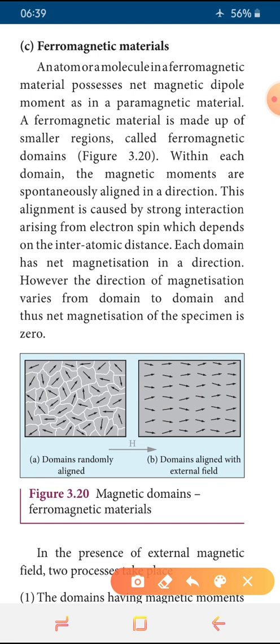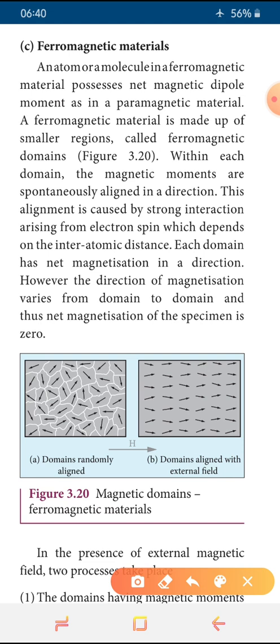This property is based on atom or molecular arrangement, which we discussed in the last two types of materials in the last class. In this also, ferromagnetic gives the same property as paramagnetic. The atom or molecule in a ferromagnetic gives a net magnetic dipole moment.